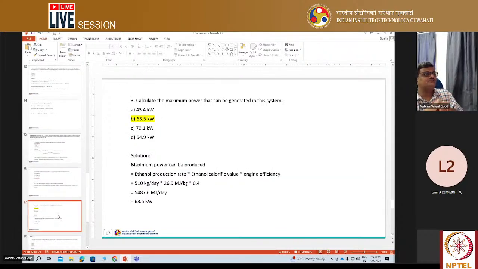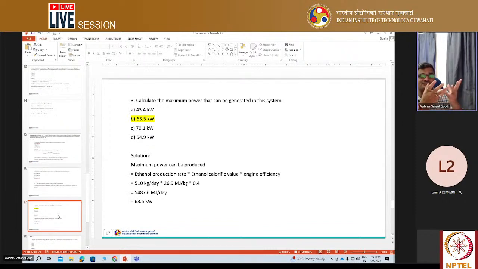So this is another simple calculation in the assignment. And now with the help of this, we need to calculate the power which is generated by the use of ethanol in the system. So ethanol production rate is known, 510 kilogram per day. Its calorific value is known, 26.9, and the engine efficiency is 0.4.